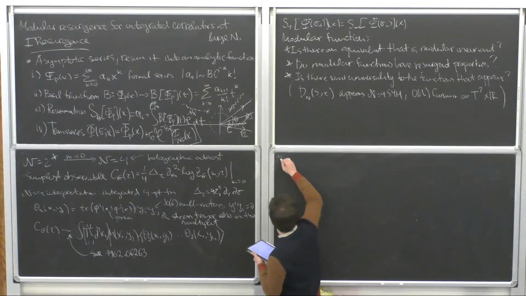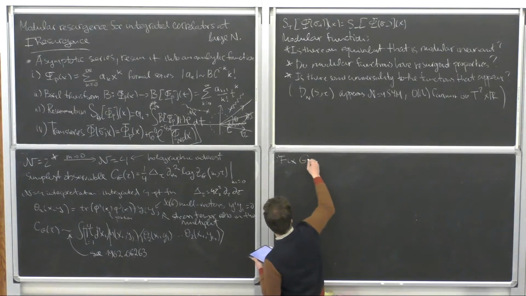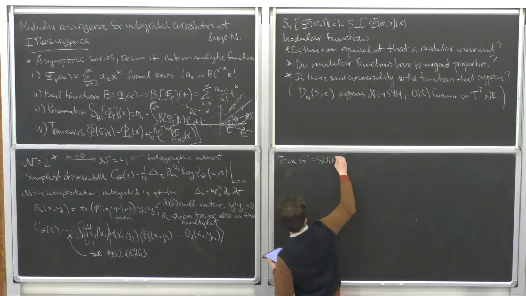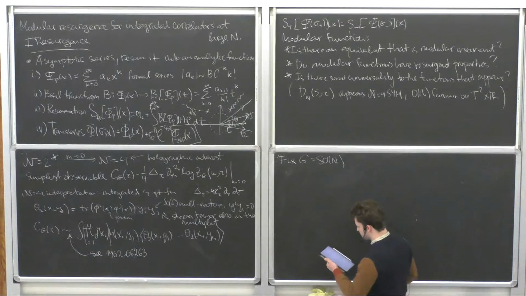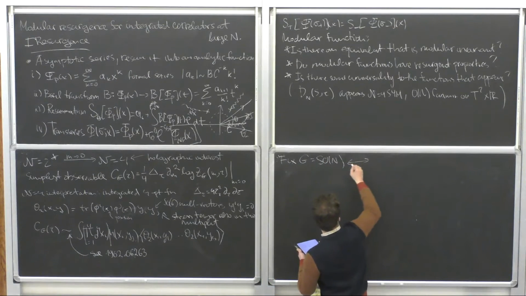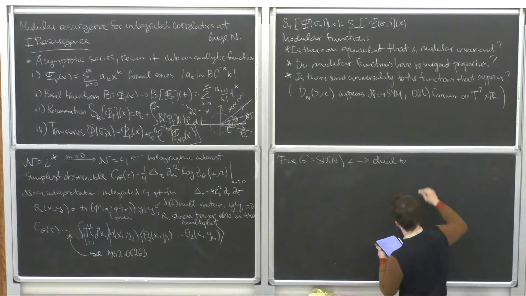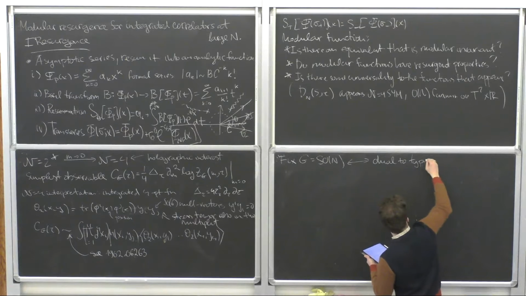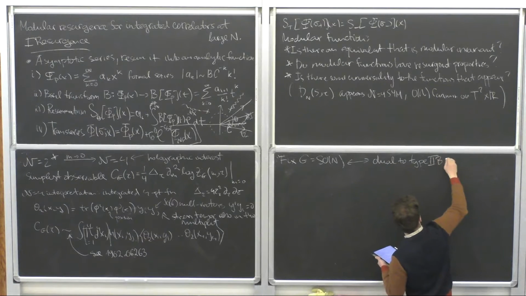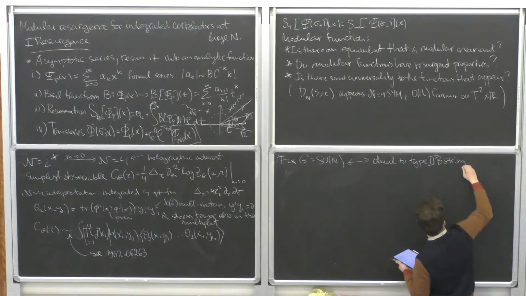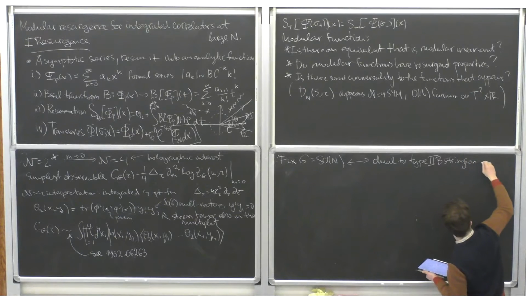So for that, what we do is we finally fix the gauge group to be just SU(N). And of course, this famously is dual to type IIB strings on AdS5 × S5.